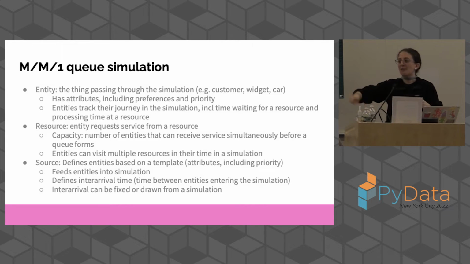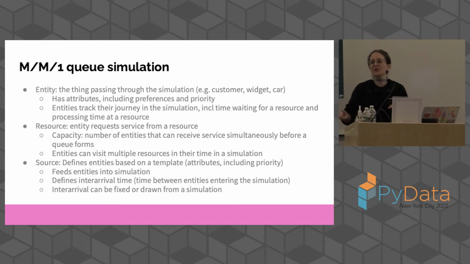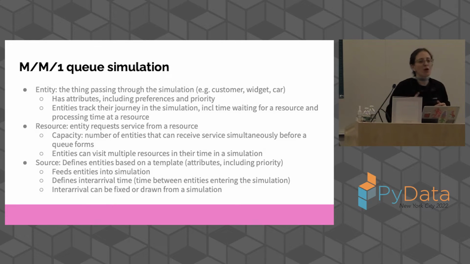Every entity that passes through the simulation is going to have attributes. Attributes are just going to describe things like the preferences, or maybe the type of engine that has come in for service. And the important thing to know about those attributes is that they also have a priority.